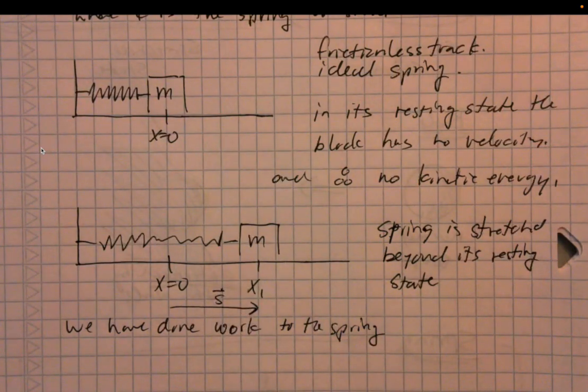Now, in doing this, the block and the spring are going to have potential energy. Intuitively, you would know that if I let go of the block in this stretched state, it's going to go flying off to the left. I've loaded the spring and the block up with potential energy.